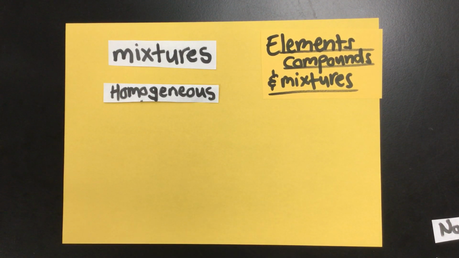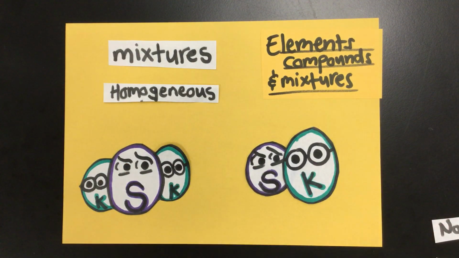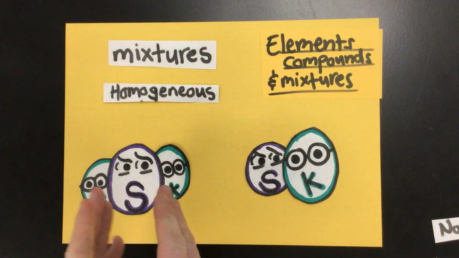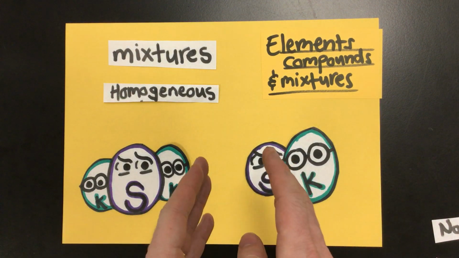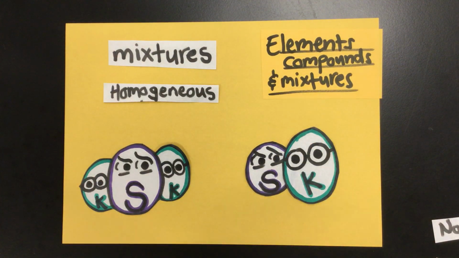What this might see is a pattern within an area. In this case, we've got potassium mixed with sulfur and potassium with sulfur, but they are two separate combinations. In this case, it's created a homogeneous mixture.